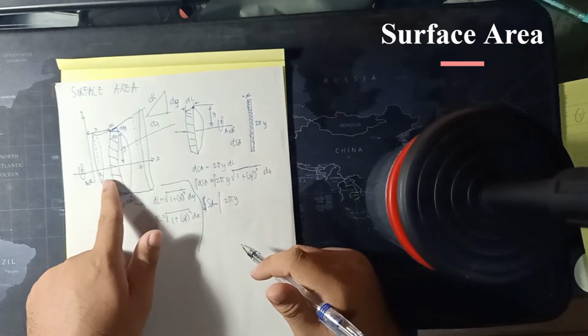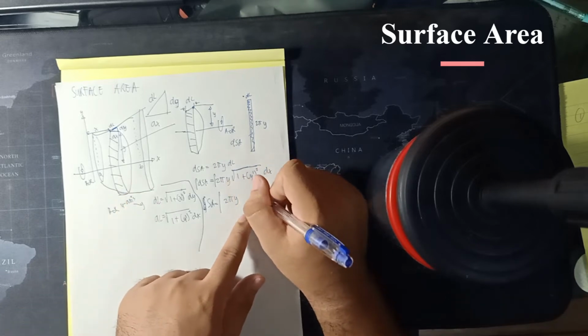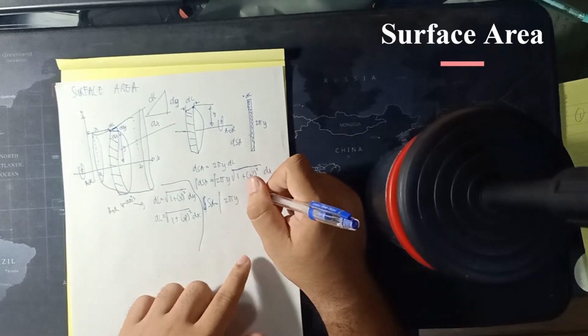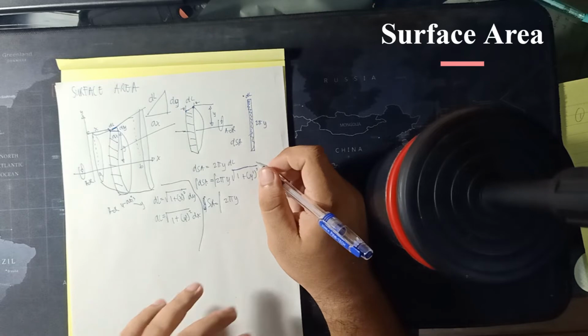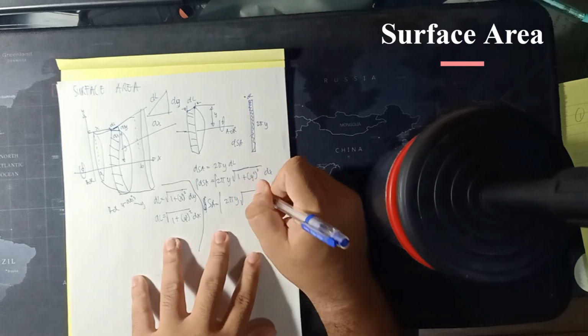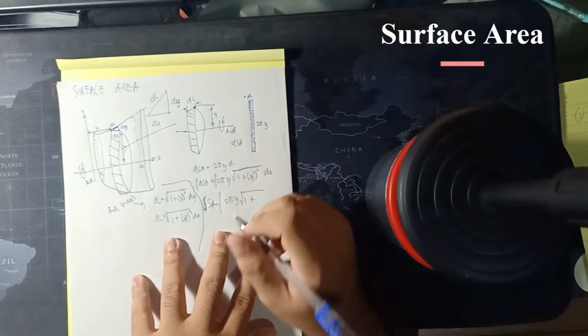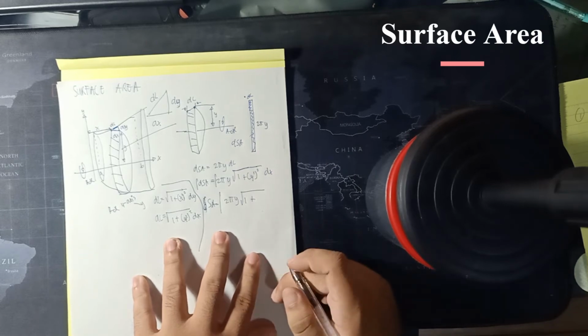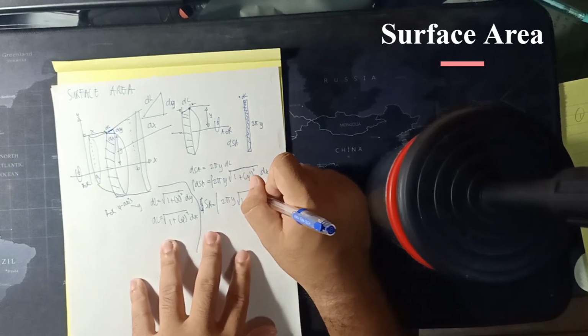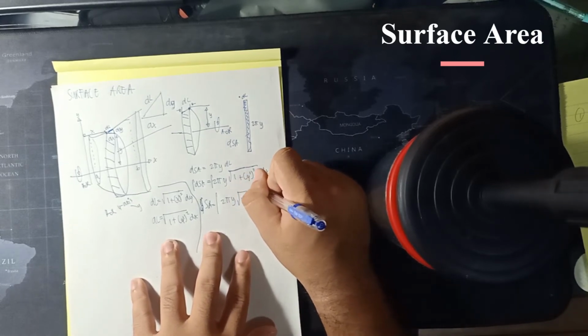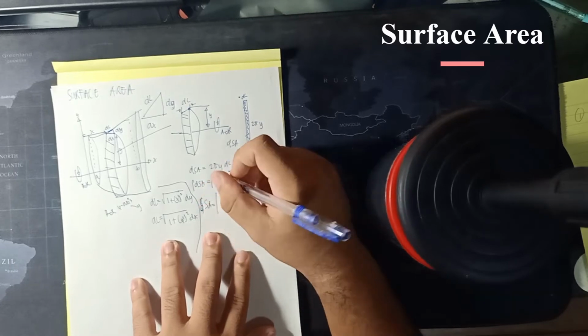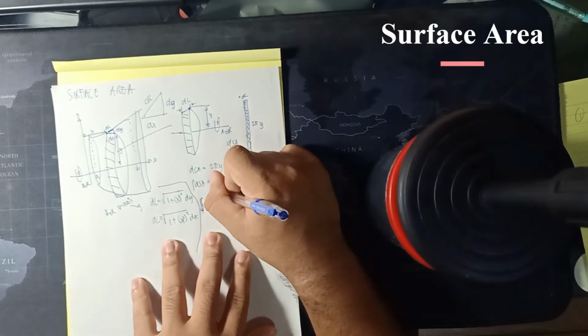Because we're on the x-axis, we're gonna use your dx. So this would be now the integral of the square root of 1 plus y prime squared dx with limits from a to b.